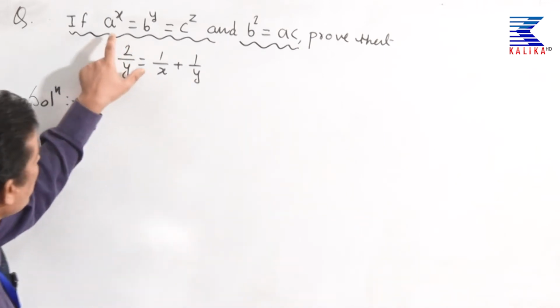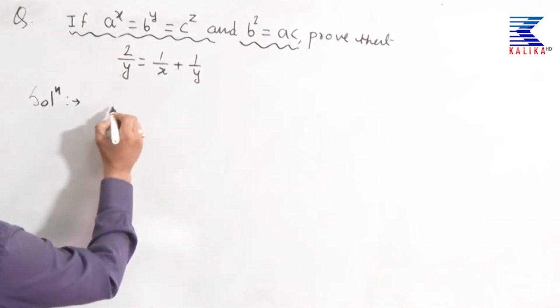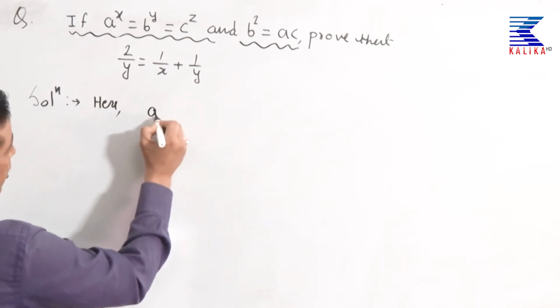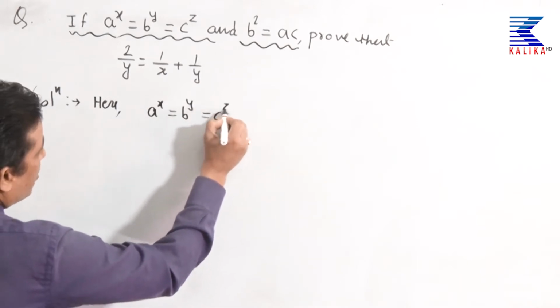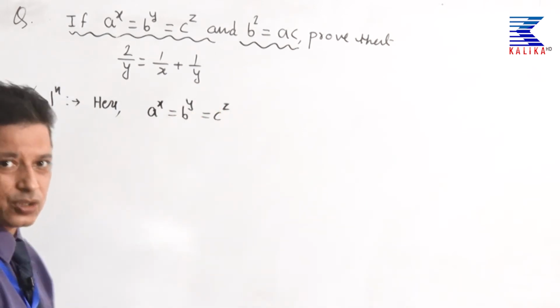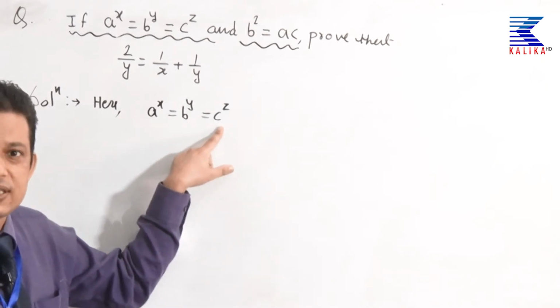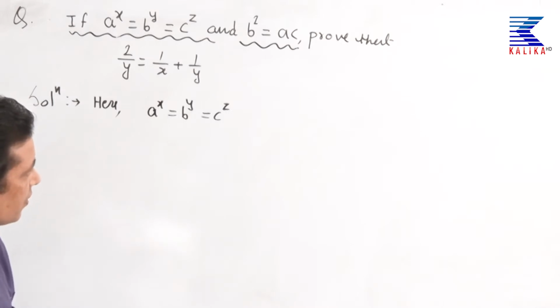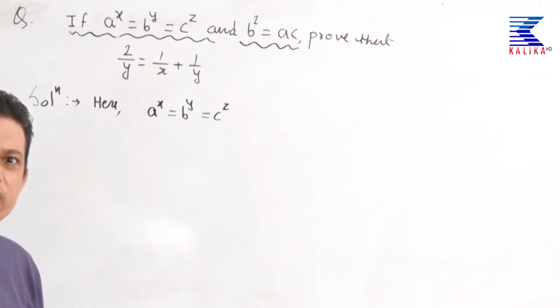So, I am going to take the first given condition at first: a to the power x is equal to b to the power y is equal to c to the power z. This is given to us, but here you see base a, base b, base c. Directly you do not get any relation between a and b, even though we can make the relation, but you may be confused.